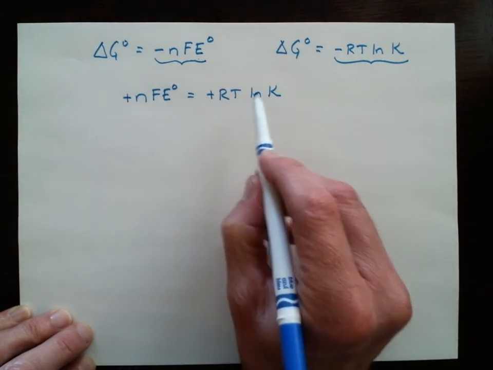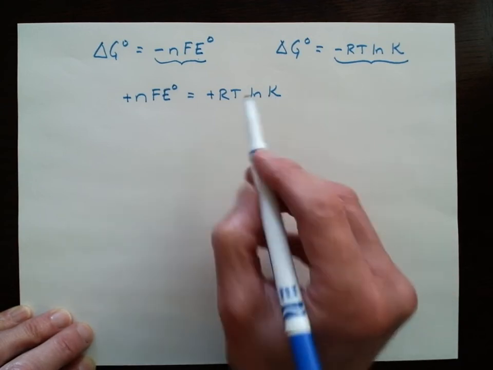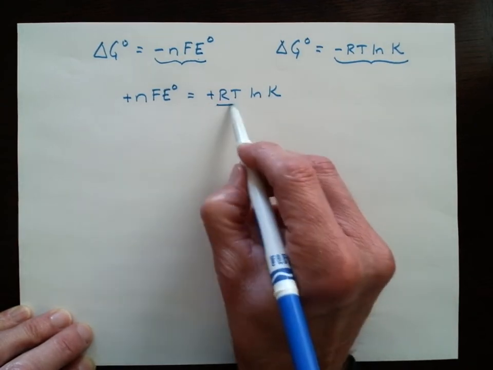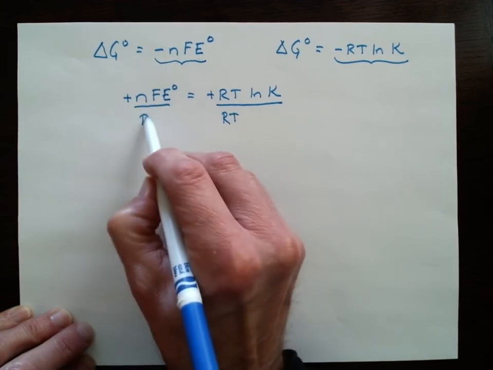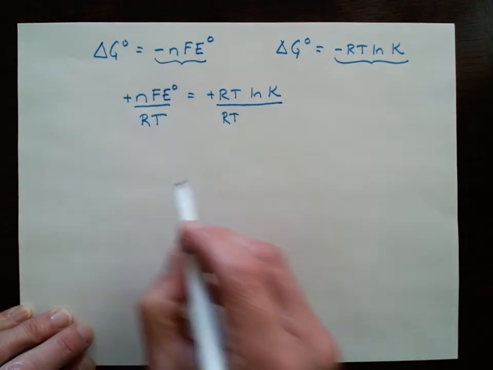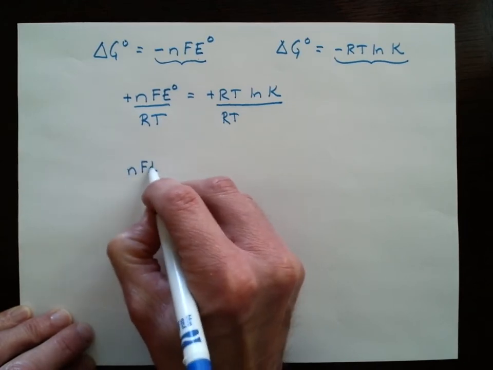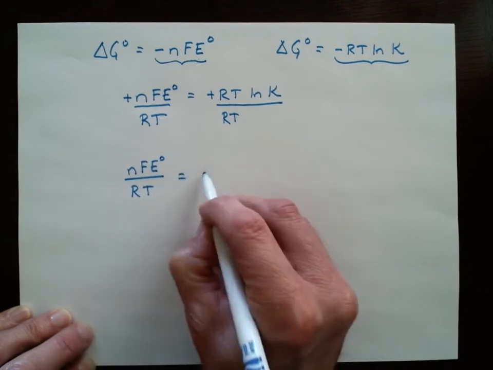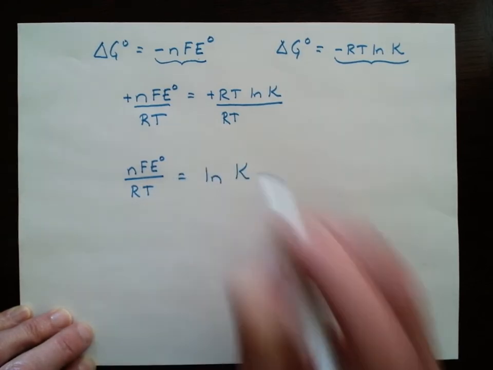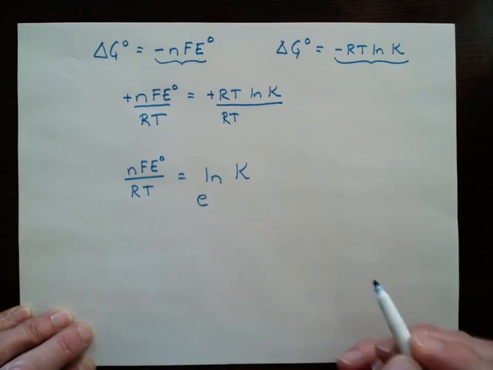If I have the cell potential and I want to know the equilibrium constant, let's get the equilibrium constant alone. I'm going to divide both sides of this equation by RT, and I end up with nF times the cell potential over RT. That's going to be the natural log of the equilibrium constant. The inverse function of the natural log is e to the power of.